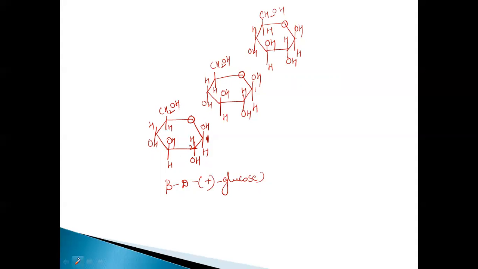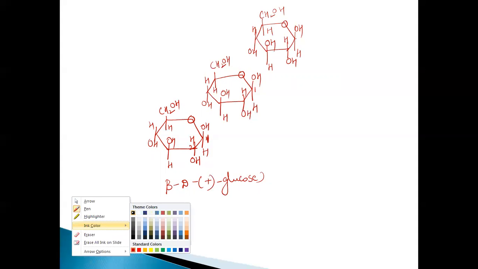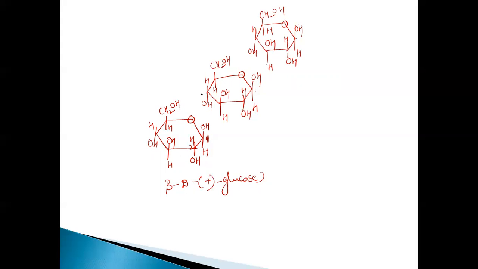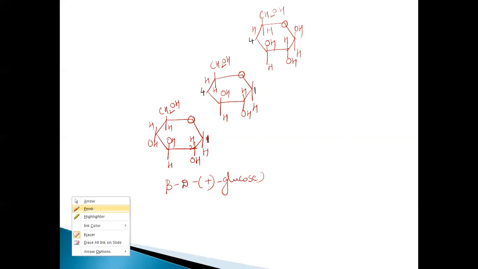Right. So if I show the glycosidic linkages here, see, here C1 of this and C4 of this carbon atom, again C1 and C4. So what you can see here, C1 of one glucose unit is linked to C4 of another glucose unit by the removal of a water molecule, that is, glycosidic linkages which are being formed here. So erase this, form the glycosidic linkage, linked by means of this oxygen.